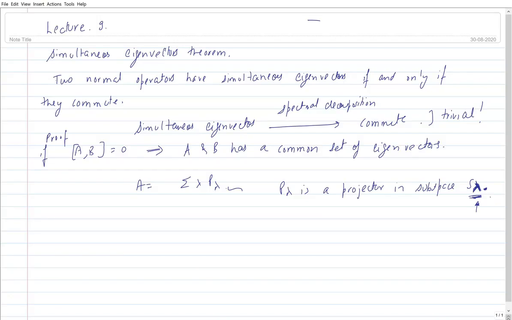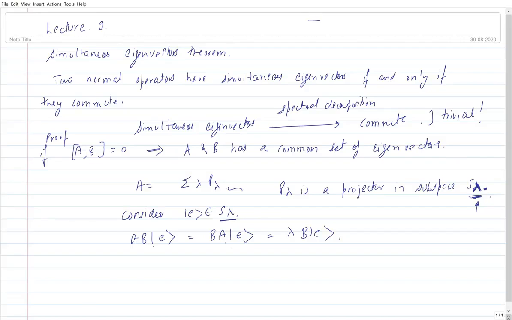Now what's the deal? Consider a vector in one of these subspaces, and compute B acting on it. Since A and B commute, this is equal to this, since this was an eigen subspace of A with the eigenvalue lambda.